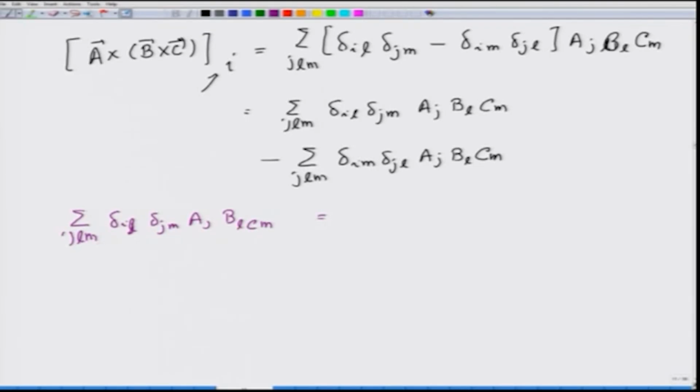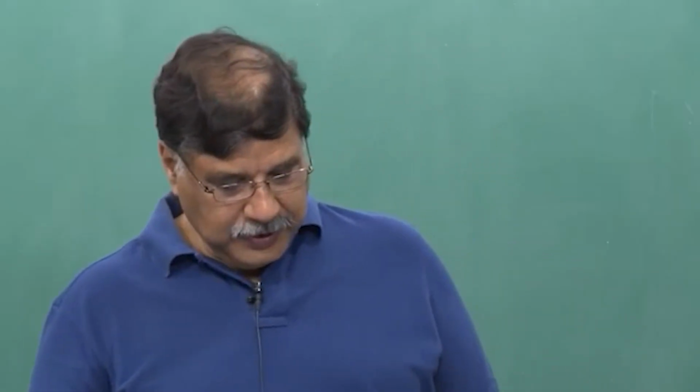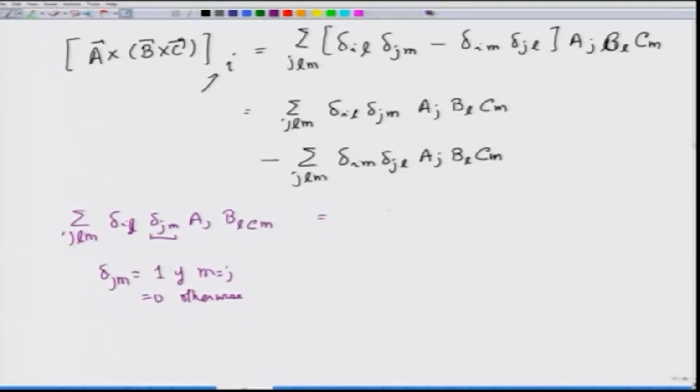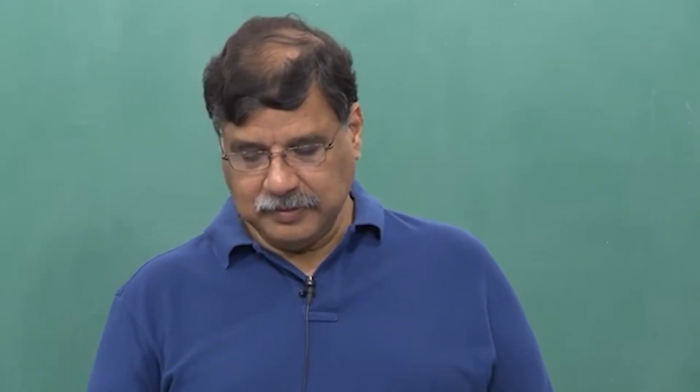When I sum over j or m, let us sum over m first. Summation over m of delta j m is equal to 1 if m equals j and 0 otherwise. So, what this delta is doing is forcing m to be equal to j. So, this is going to be summation j l delta i l a j b l c j. If m is not equal to j, this term gives me 0.